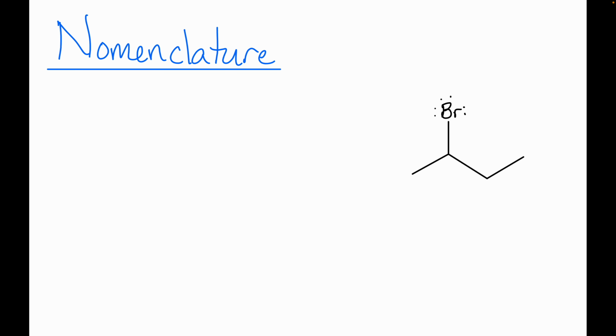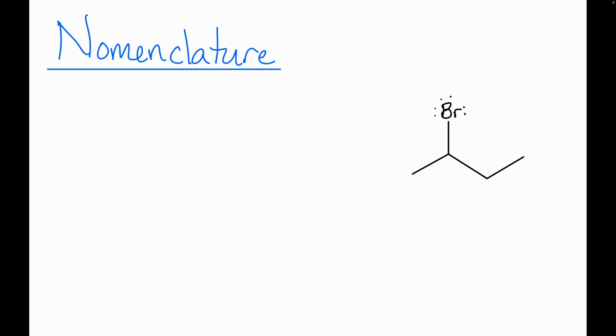One of the things about alkyl halides in terms of nomenclature that's a little bit unique is if I asked you what the functional group was in this molecule, you would tell me alkyl halide, right? If you said alkane, that would be wrong. What's going to be weird about our nomenclature for alkyl halides is normally our functional groups are built into the back half of the name.